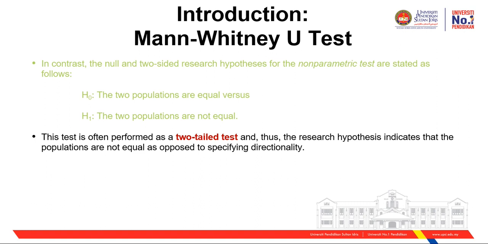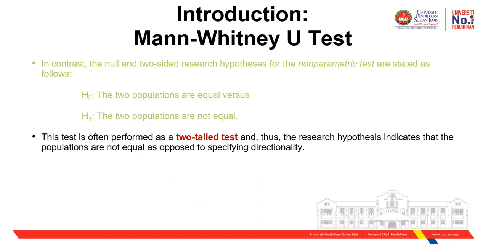Most of the time it is a two-tailed test. If you are given a question about whether the distributions of two populations are the same or not, it is referring to a two-tailed test. For a two-tailed test you just use the given alpha, but for a one-tailed test you need to double the alpha.